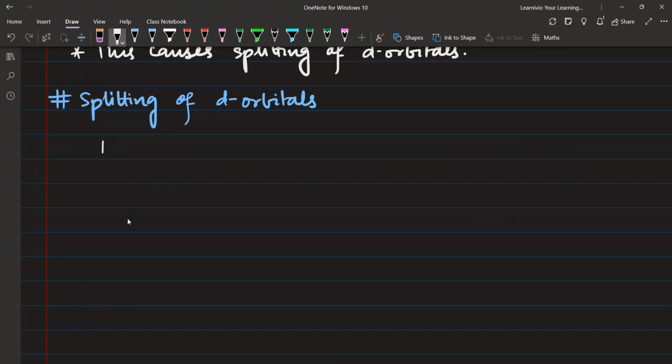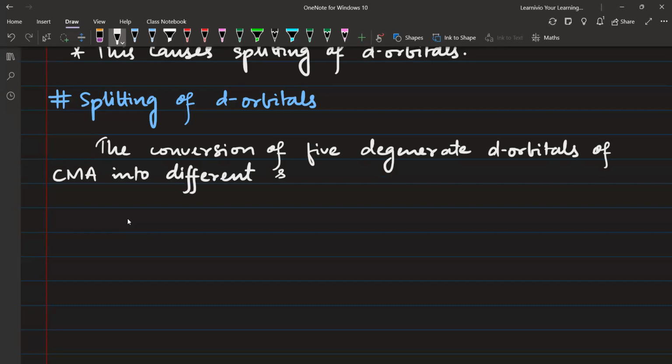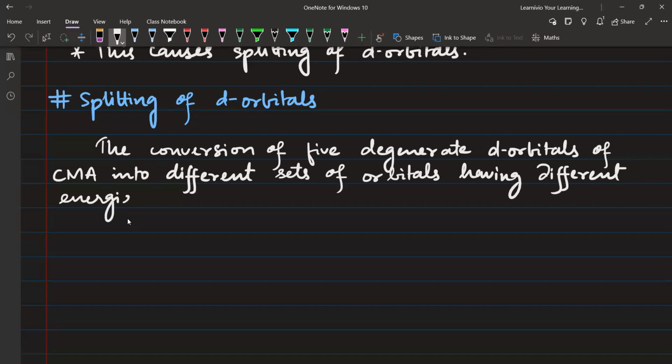The conversion of five degenerate d orbitals of the central metal atom into different sets of orbitals having different energies in the presence of the electrical field of ligand.